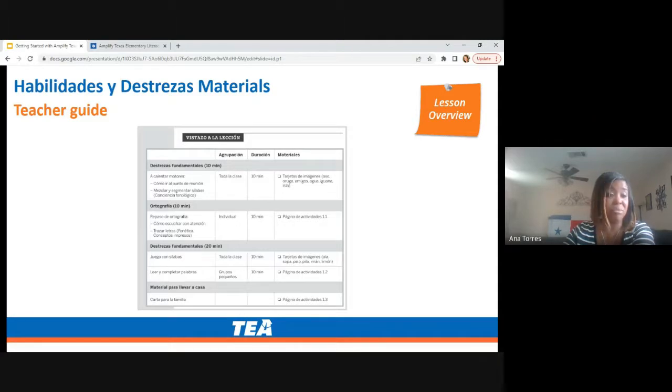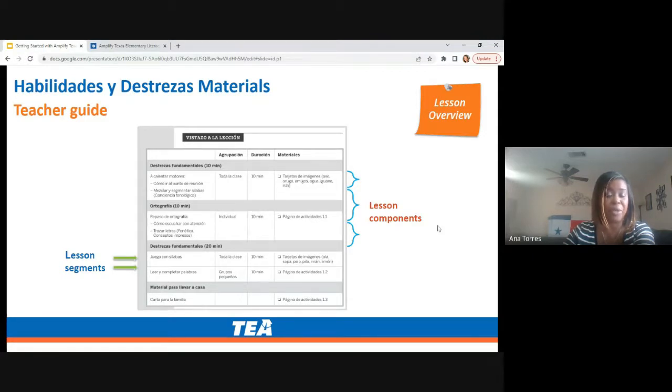So remember, and just a quick reminder, the lesson component refers to the larger section of the lesson. For example, here, this lesson has 2 lesson components: foundational skills, destrezas fundamentales, y también ortografía, which is spelling. And then as you look at this specific section here in this lesson at a glance, the lesson segments, of course, refer to the smaller sections within each lesson.